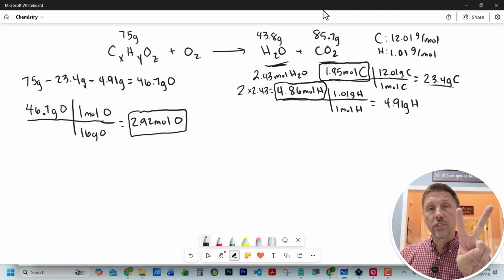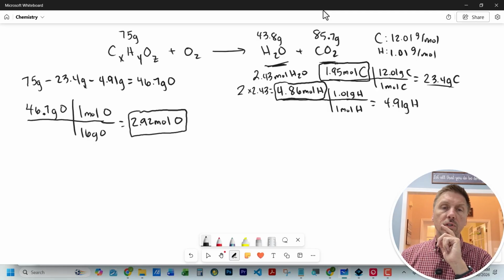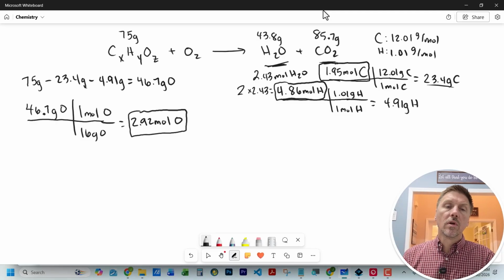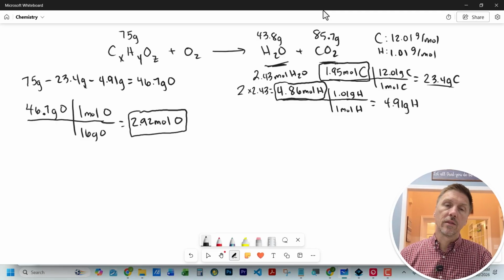But in both of those ratios, the number on the bottom, the smaller number, has to be the same. So we're always going to divide by the smaller number. Since the smaller number of moles is carbon, right here, we're going to divide both the moles of hydrogen and the moles of oxygen by the moles of carbon.